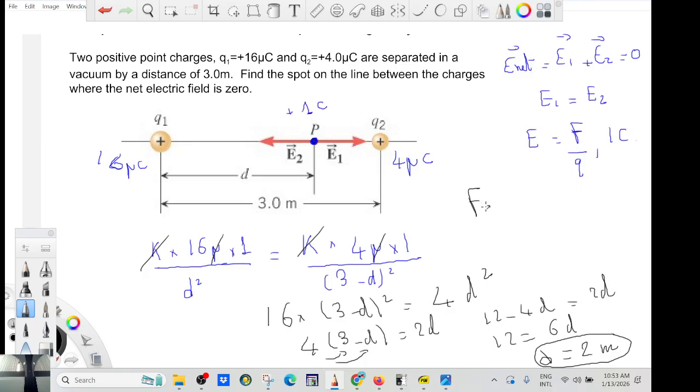So the electric force is K, Q, the first charge times the second charge, over the distance squared. So that's the electric force. By definition, the electric field is the force produced by Q. So let's say that will be Q, for example, for 1 Coulomb.